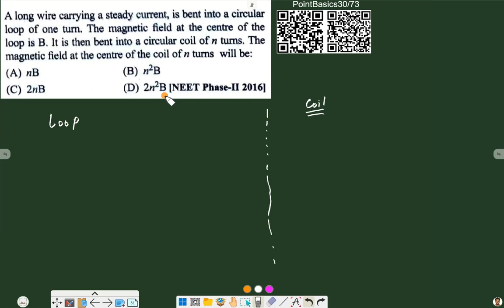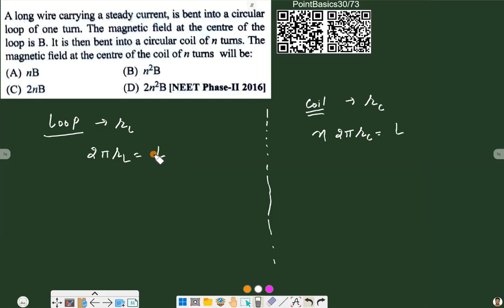As the length of the wire is constant, suppose for the loop the radius is R_L, and for the coil the radius is R_C. So 2 pi times R_L should be equal to the length of the wire, and here we have n turns, so n times 2 pi R_C should be equal to the length of the wire.